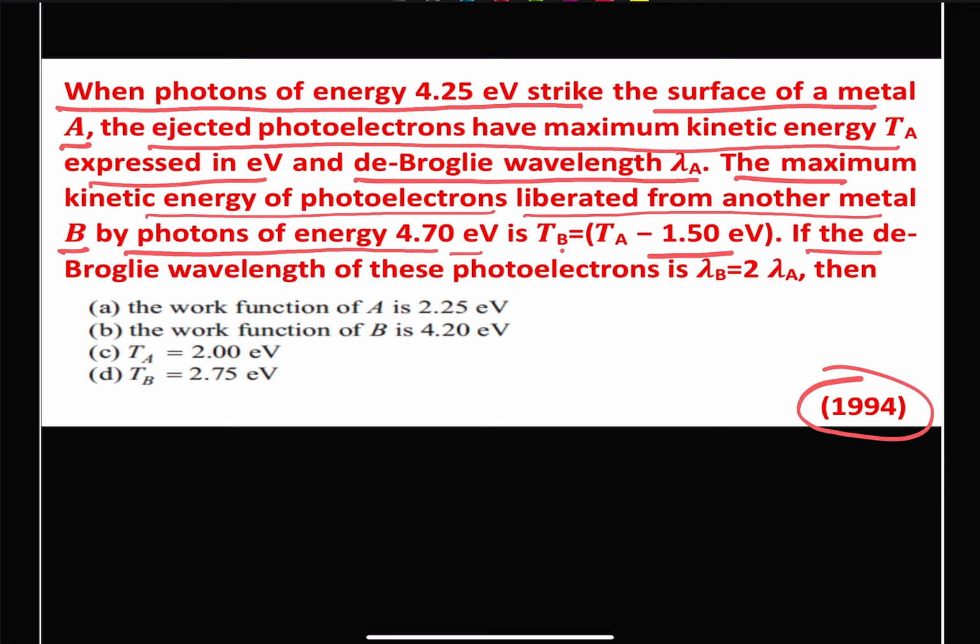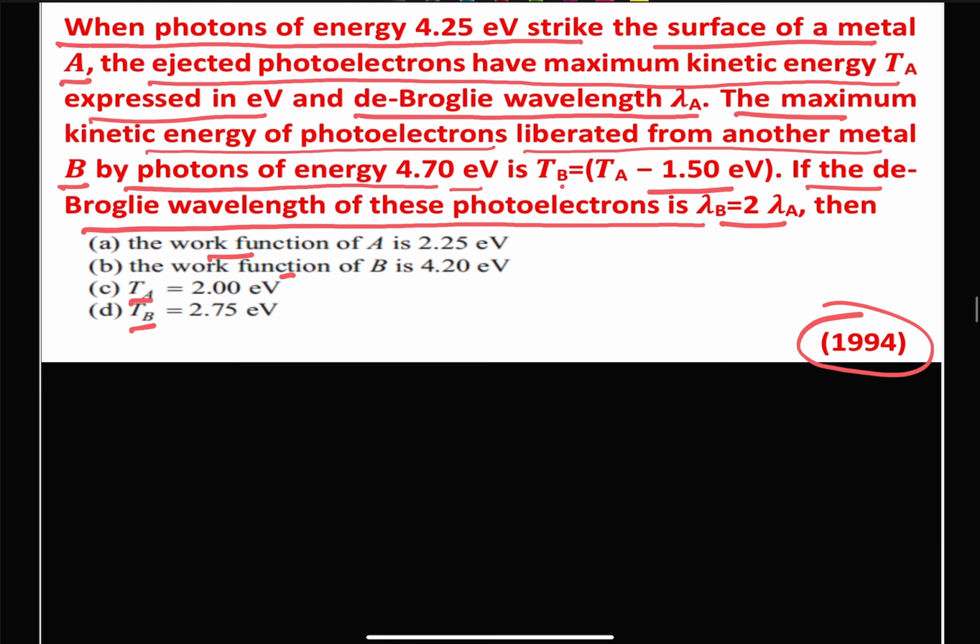If the De-Broglie wavelength of these photoelectrons is lambda b, which is equal to twice of lambda a, then we have to find out the work function and their kinetic energy for their respective metals. Here we already know the formula for our De-Broglie wavelength and the kinetic energy.